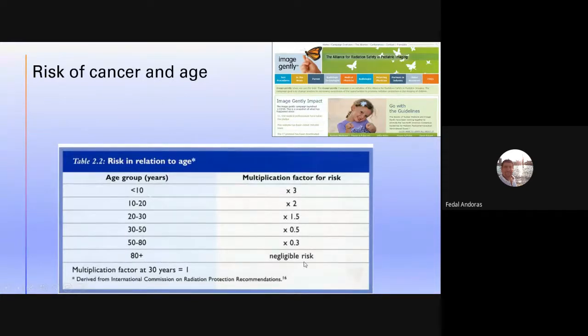For 80 plus, it will be negligible risk. 10 to 20, about multiplied by 2. Most of you are about 20, 21, or between 18 to 22, 23. 20 to 30 years, multiplied by 1.5, and so on. These are the harmful effects and risk of cancer according to the age.